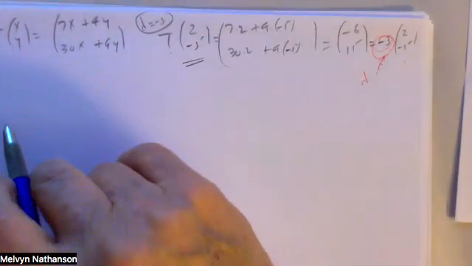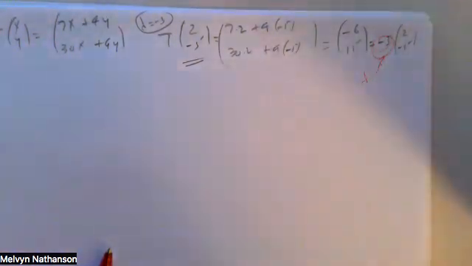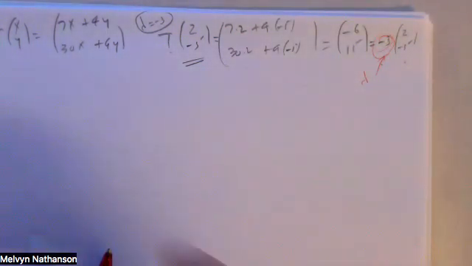The other eigenvalue was lambda equal to 19.